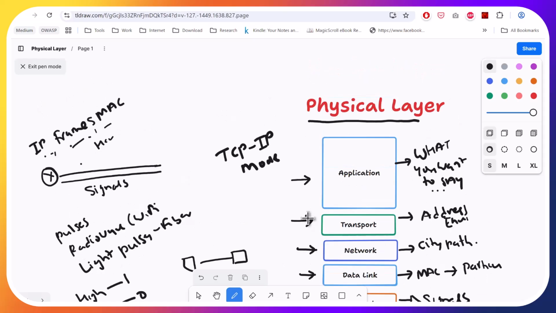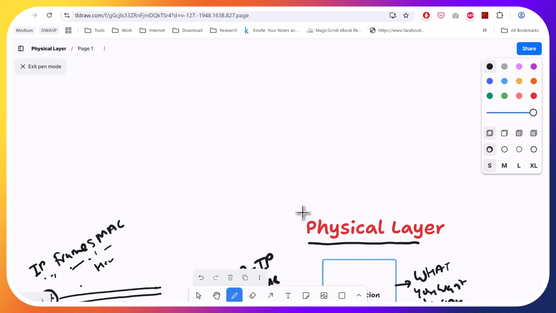Now let's try to understand the responsibilities of the physical layer. The physical layer is responsible for the voltage level, how the bits will be represented: voltage level, light pulses, radio frequency. All these things the physical layer is responsible for.